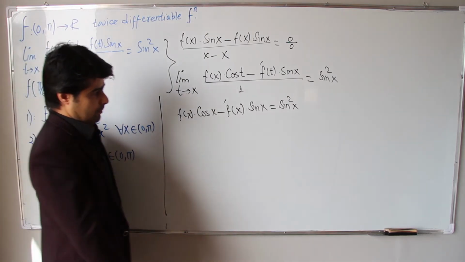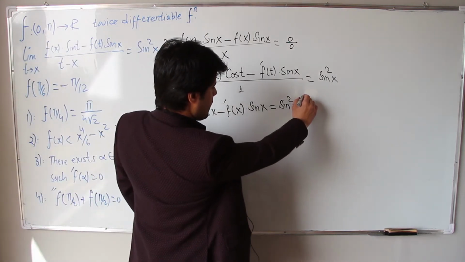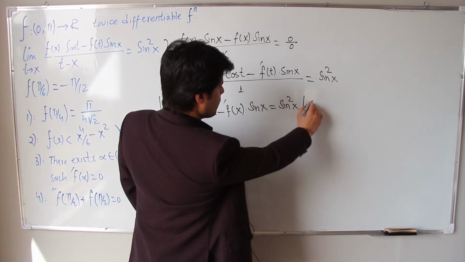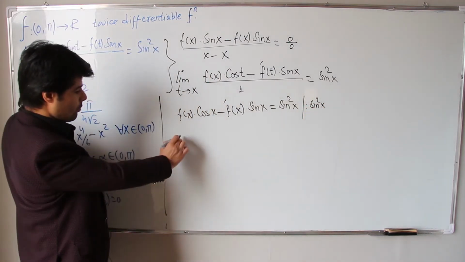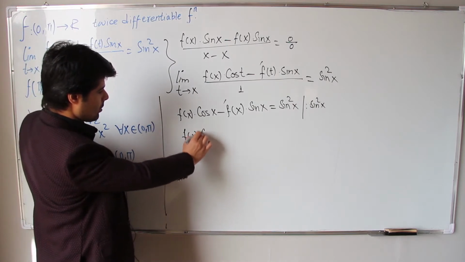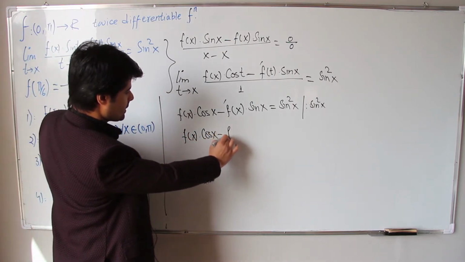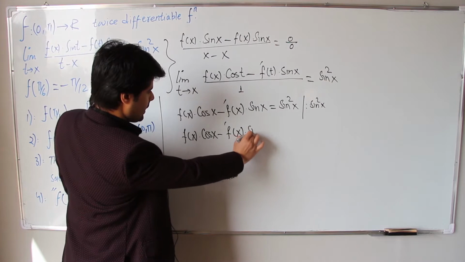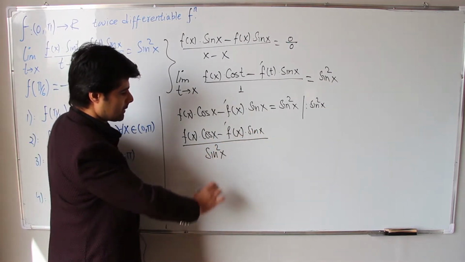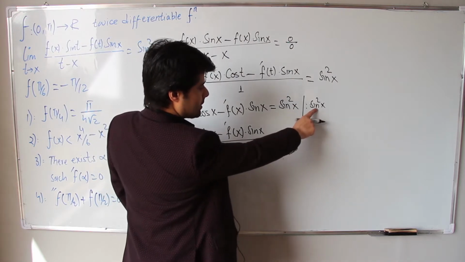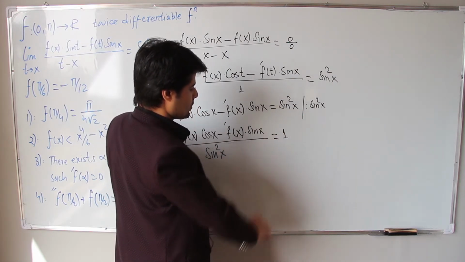Now I want to divide both sides by sine squared x. We have f(x) cosine x minus f prime x sine x, divided by sine squared x. Sine squared x divided by sine squared x is 1.